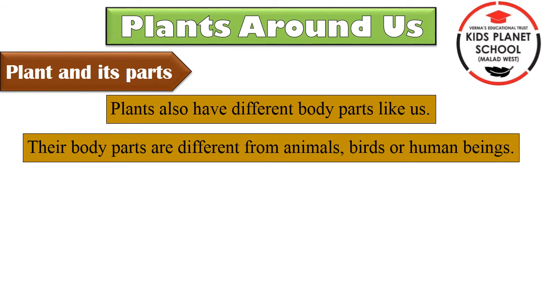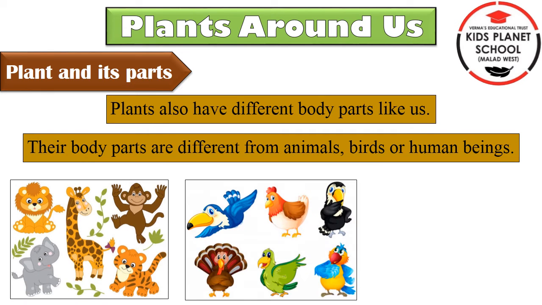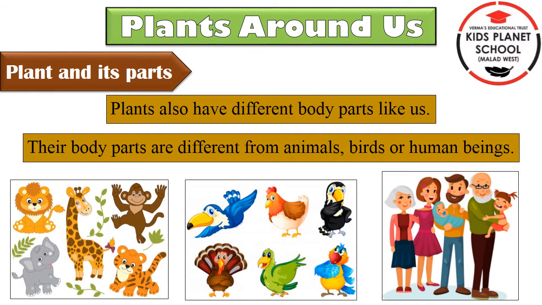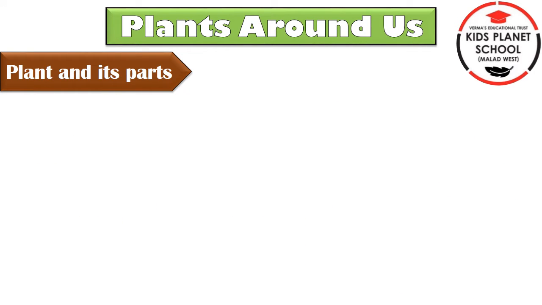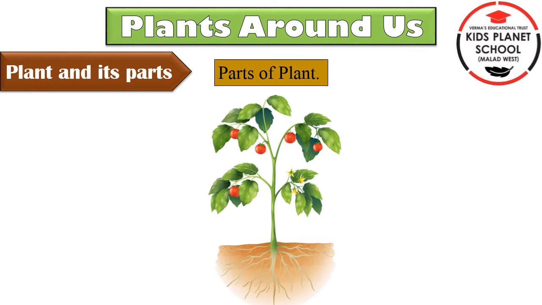Their body parts are different from animals, birds, or human beings. Now we will study about parts of plant. Children, with the help of this picture, we will learn about different parts of plant. So let us begin.